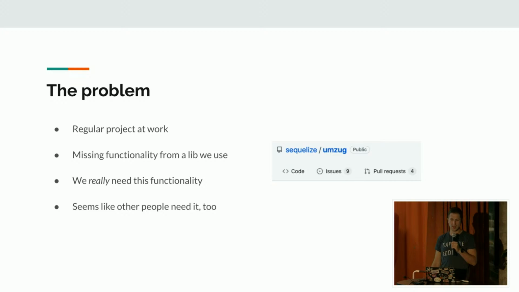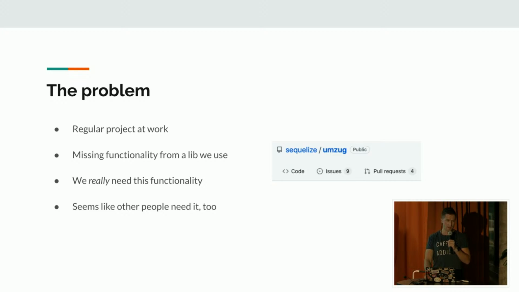The missing functionality was that we couldn't do migrations when we spin up and deploy multiple instances of a service at once. And nowadays, all the cool kids use microservices architectures, so obviously you're going to have more than one instance spinning up at the same time. So obviously we really needed this functionality, but it was not there. There was no safeguarding or locking of the tables or of the database around executing migrations.